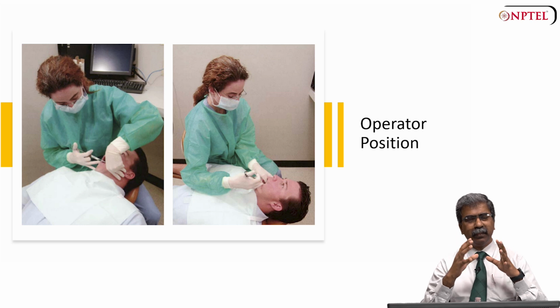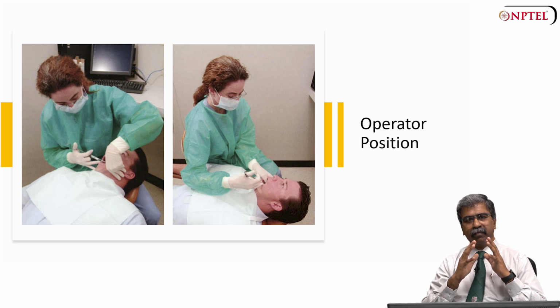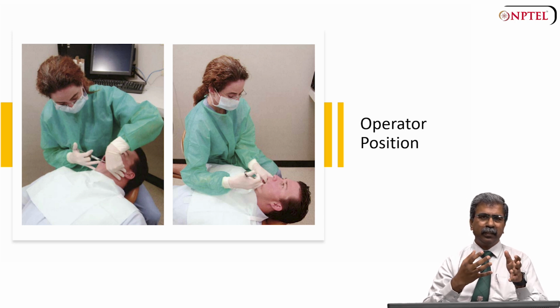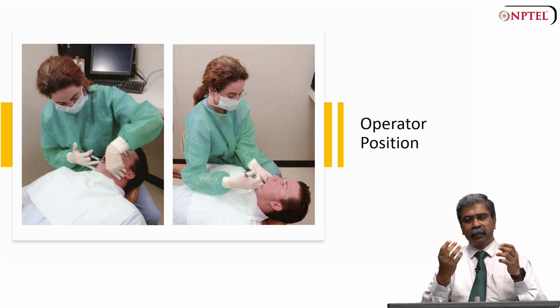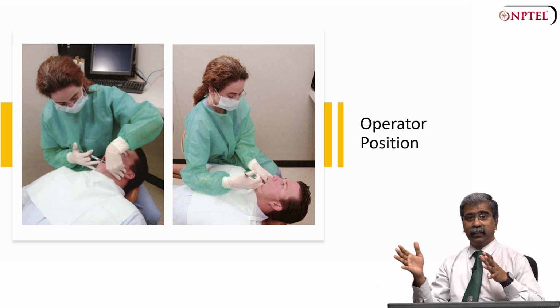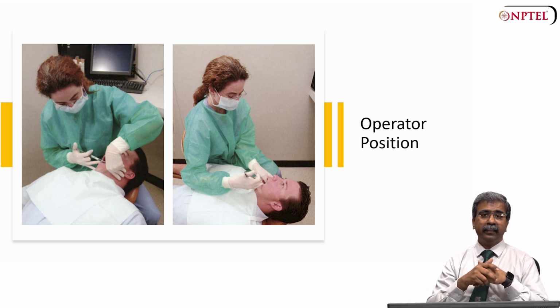The patient should be seated in a position comfortable for the patient as well as the operator, and turn the patient slightly towards you to expose the most posterior aspect of the mandible, because if the mouth opening is restricted, then we have other techniques like the Vazirani-Akinosi technique, which I will be discussing later in my presentation.